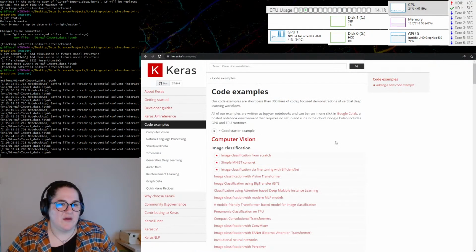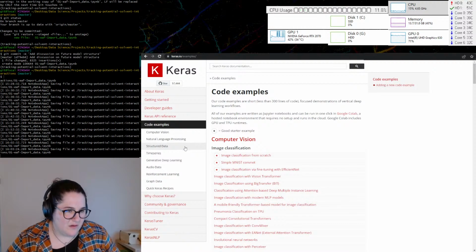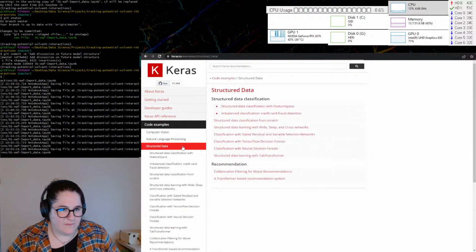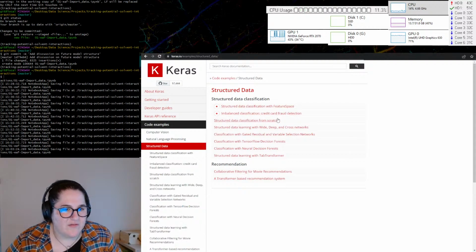This is what I wanted. Keras.io. Here we go. We want structured data. Classifier, classifier, classifier. Structured data with wide, deep, and cross networks. Decision forest. Maybe.